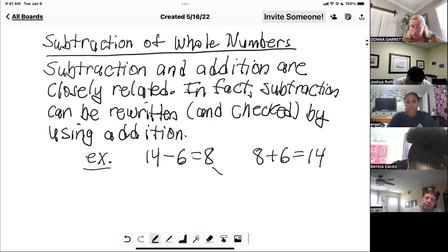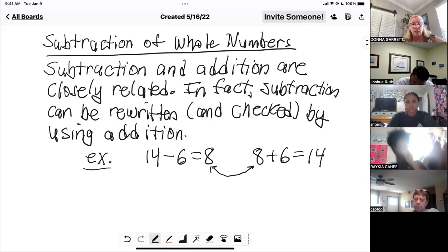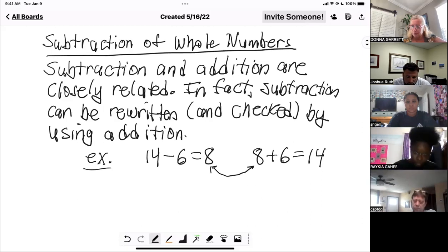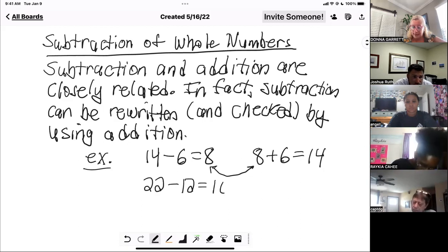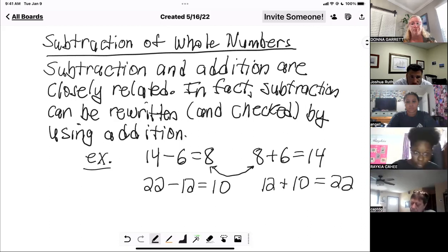So they are related to each other. You can check that by going backwards. So any subtraction, you can check by going backwards with addition. 22 minus 12 is 10, but how can I check it? I can do 12 plus 10 and realize I am right because that is 22.